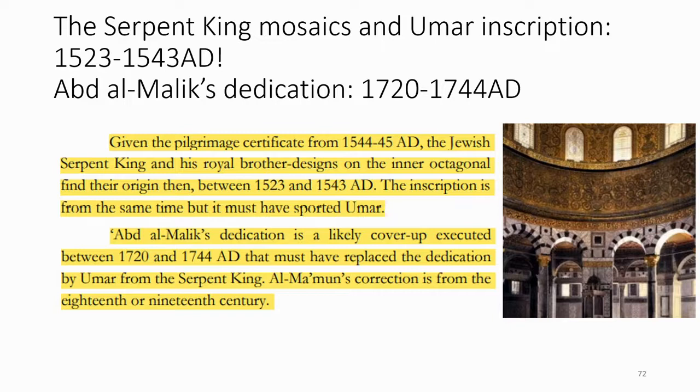Okay. Abd Al Malik's dedication is a likely cover-up executed between 1720 and 1744 AD that must have replaced the dedication by Umar from the Serpent King. Al Mamun's correction is from the 18th or 19th century, so we're talking very recent indeed.